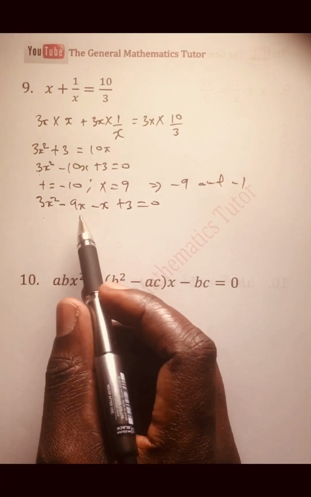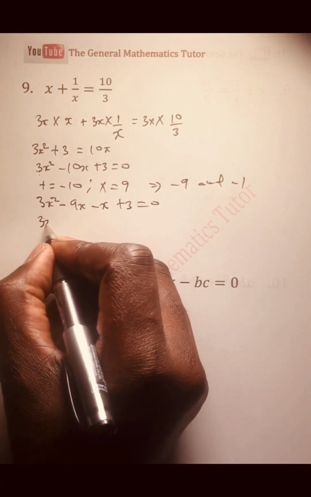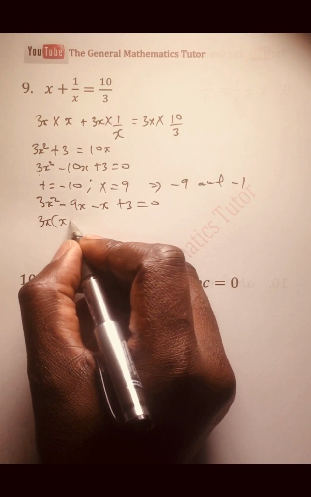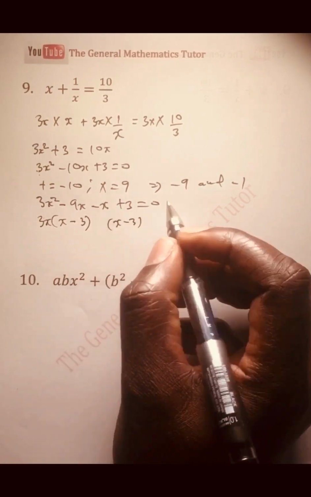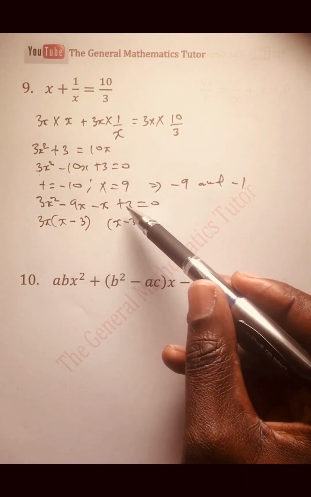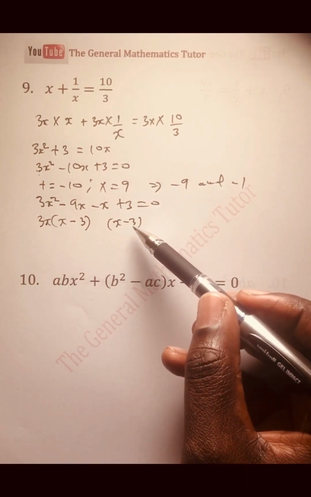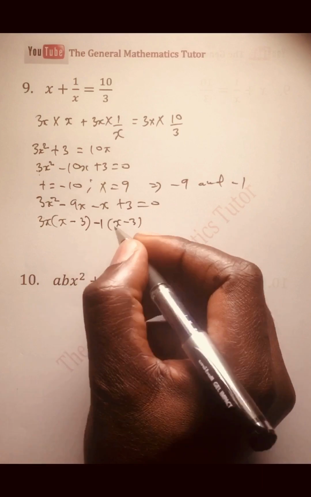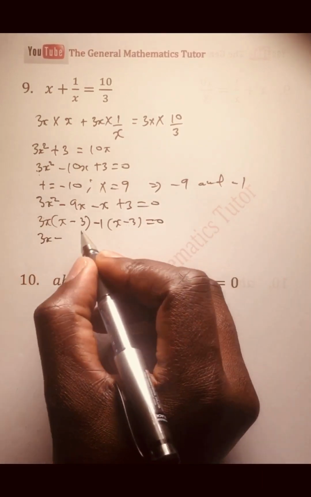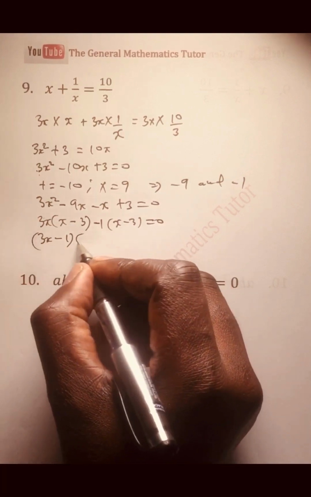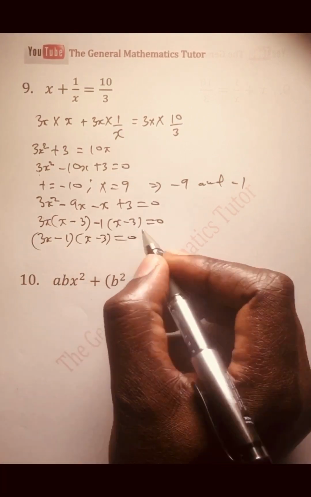The common factor between these two is 3x. So you have 3x into x minus 3. So you expect x minus 3 this side. So for you to have obtained a positive 3, it means you multiply negative 3 by negative 1. So you have negative 1 there is equal to 0. So you have 3x minus 1 into x minus 3 is equal to 0.